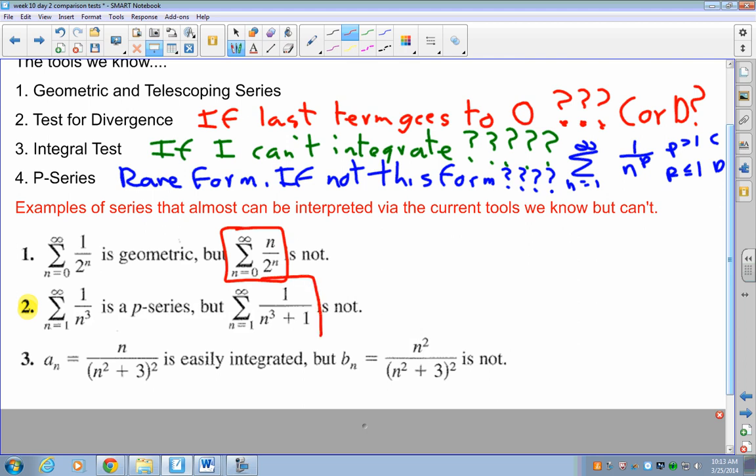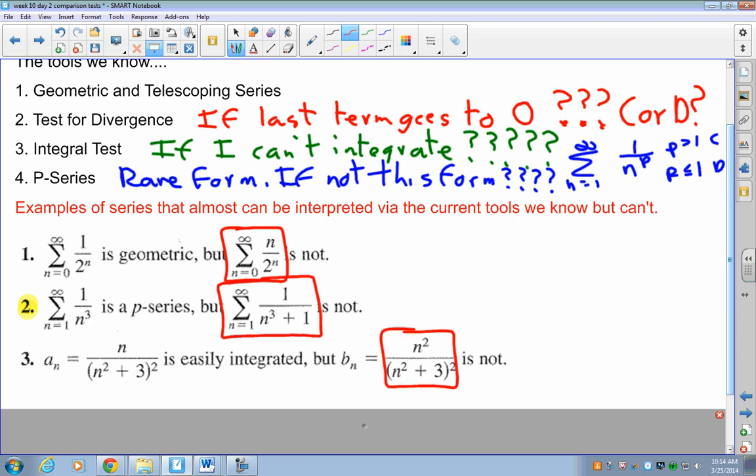Likewise, this one, what's the last term going to be? 0, so it doesn't necessarily blow up. I don't know how to integrate that because I don't have a 3n squared on top. It's not a p-series. It's almost a p-series, but do you see that +1 in the bottom ruins that? So you don't know what to do with any of those. This one here, what's the degree on top?